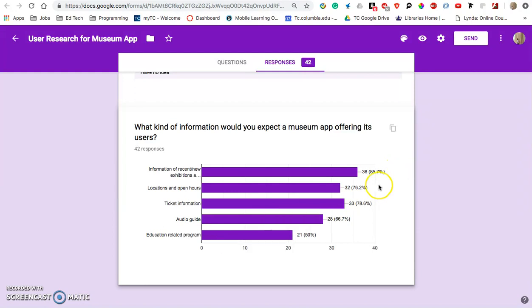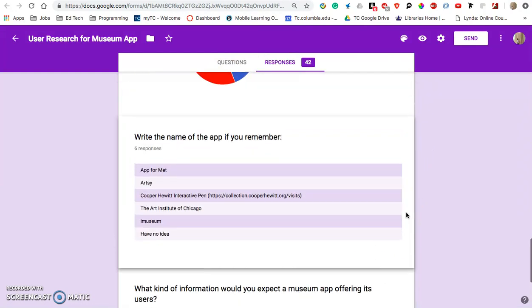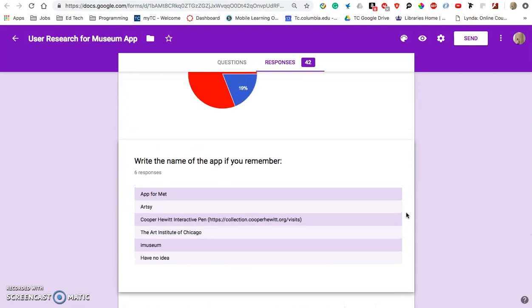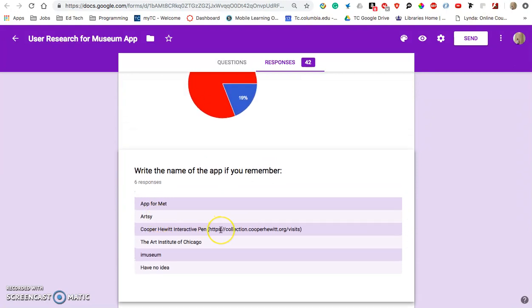I think all of this information is important, even for the least selected one, the education-related programs, I still have 21 people, more than 50% of the participants. So from my perspective, I would like to include all this information in my app right now, and other information I may refer to the comparative analysis later.